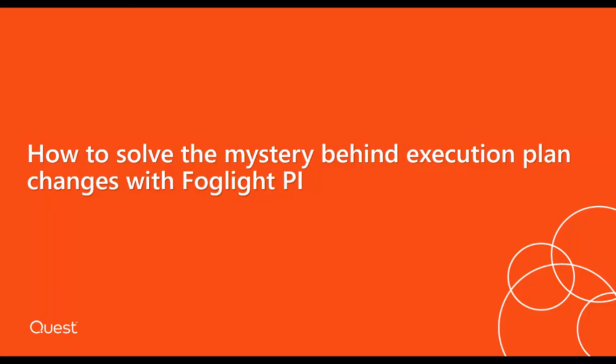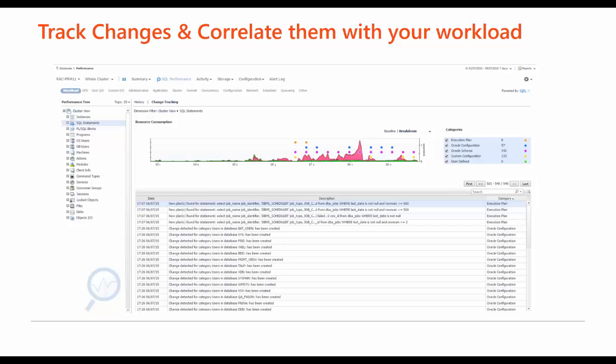So let's see how to address this challenge, how to solve the mystery behind the execution plan changes using Foglight Performance Investigator. What we see here is the change tracking feature, which allows you to see a breakdown of the workload activity and also all the associated changes on top of that. So it basically allows you to visualize the correlation between the database workload activity and the actual changes.